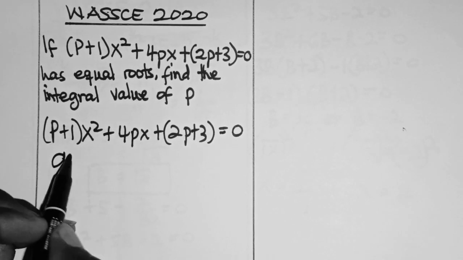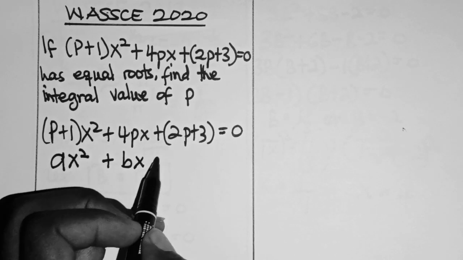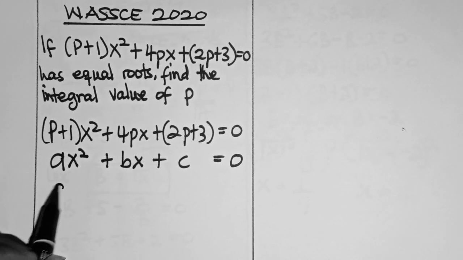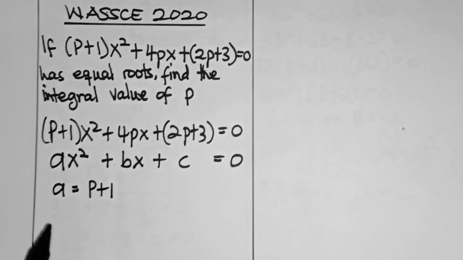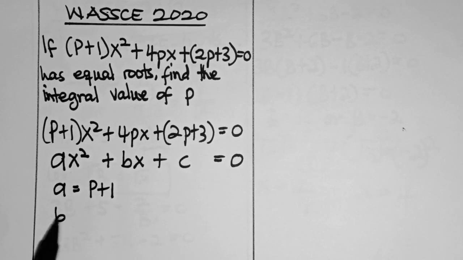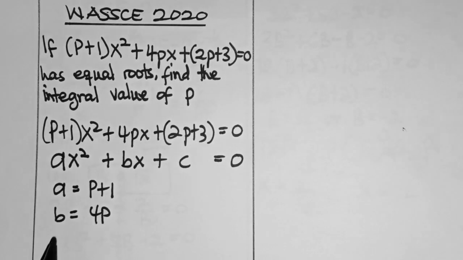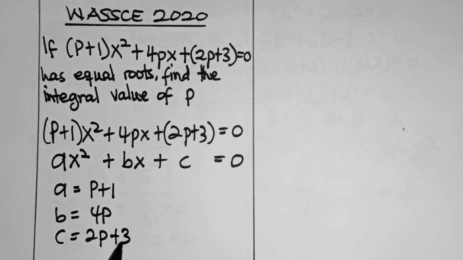So you see that this is of the form ax squared plus bx plus c is equal to 0. So a in this case, the coefficient of x squared, is p plus 1. Then b is the coefficient of x, which is 4p. And then c is the constant, so c is equal to 2p plus 3.